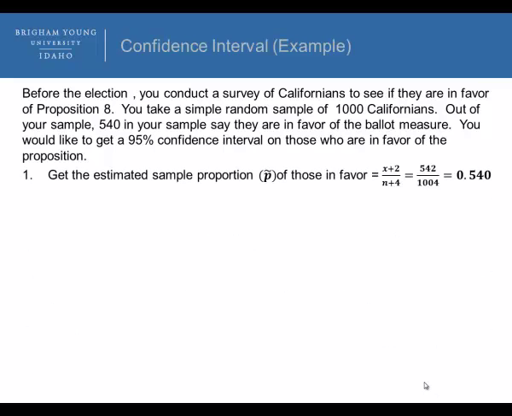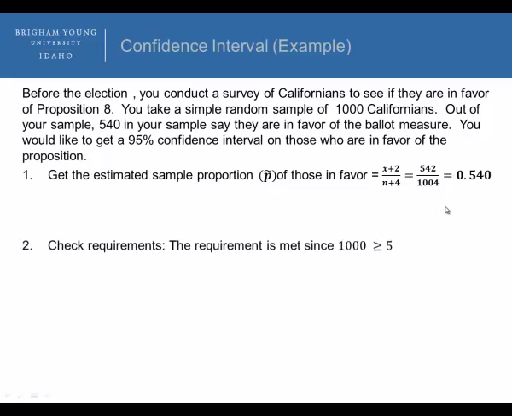So step one is get a sample proportion, or the adjusted sample proportion, using the plus-4 estimate. In this case we take x plus 2, and x would be 540 because 540 represents the number of people that are in favor of Prop 8, divided by n plus 4, and n would be our sample size, which is 1,000. So if we put those numbers together, we would have 542 divided by 1,004, and that's equal to 0.540.